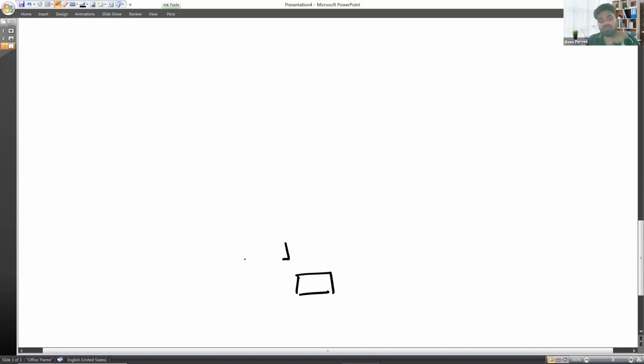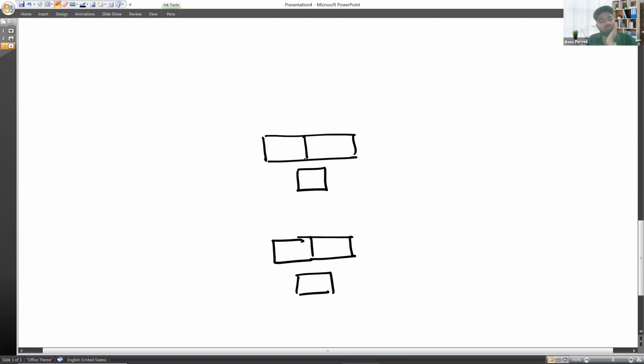The s orbitals are the same, but in the previous one we had it like this, and here we're going to have it like this. The above part is the same for all. Got it?